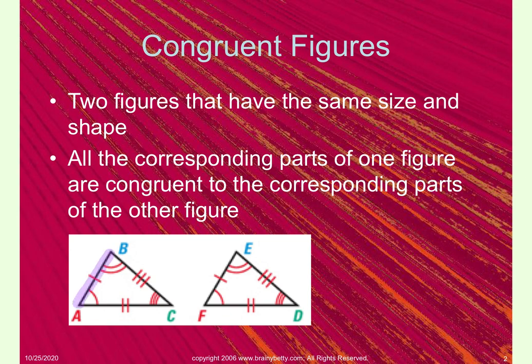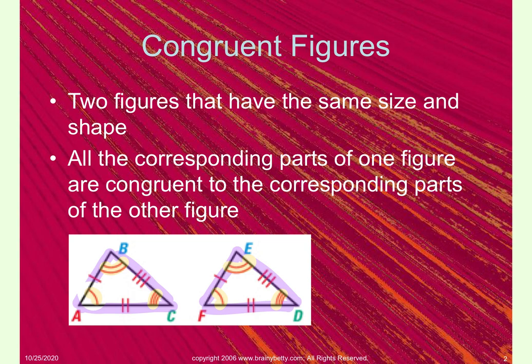In this diagram, AB matches EF. AC matches FD, and BC matches ED. And for angles, A matches F, B matches E, and C matches D. So the order of the letters of how we name it is also important.